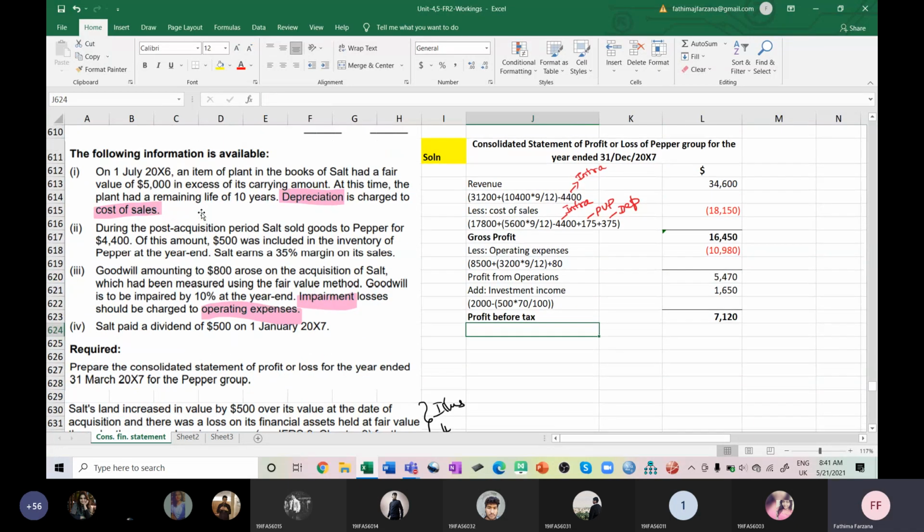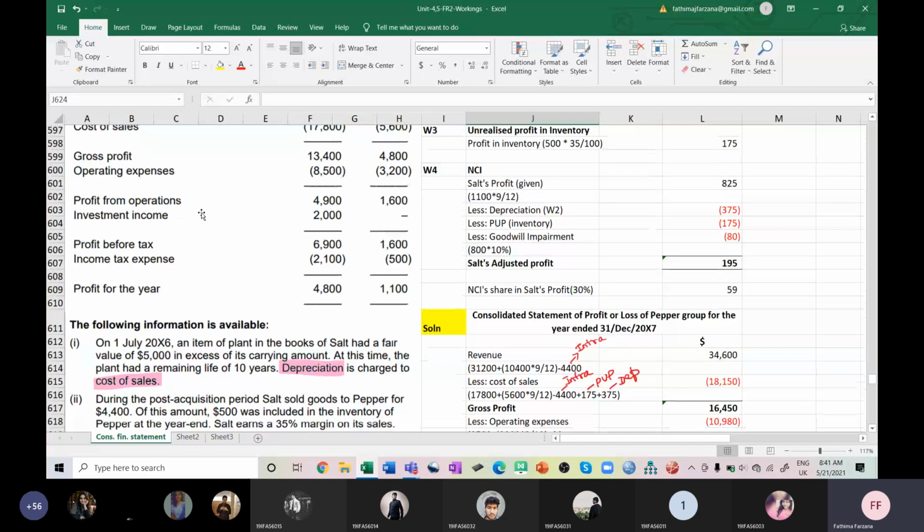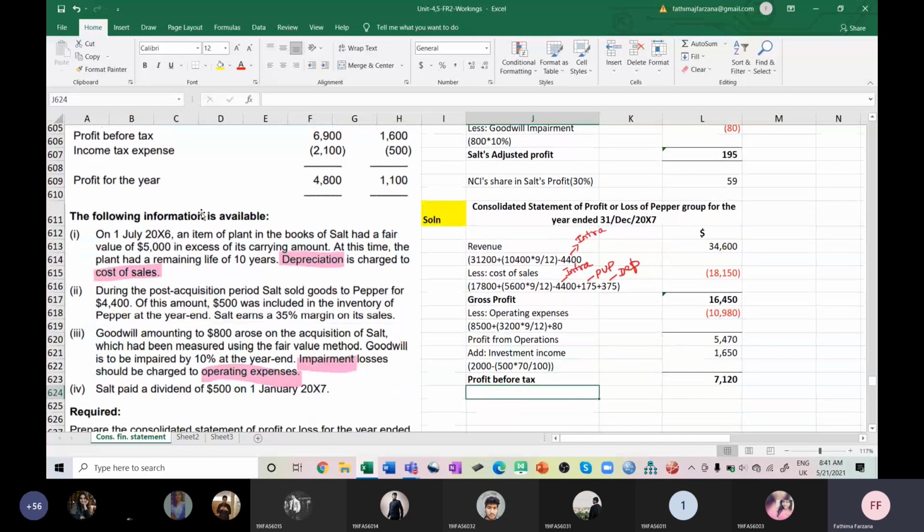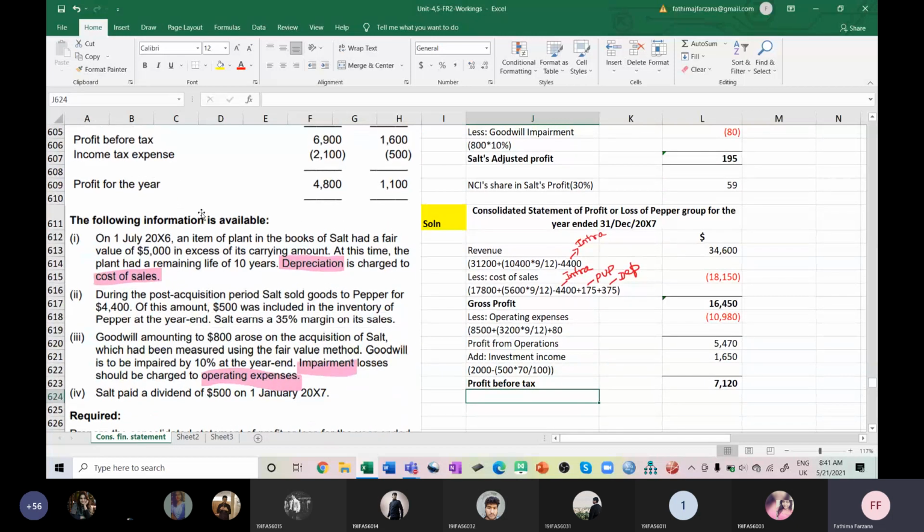What's the next item? It is given tax. Income tax is 2,100, and for Salt it is 500. Okay, so income tax expense.